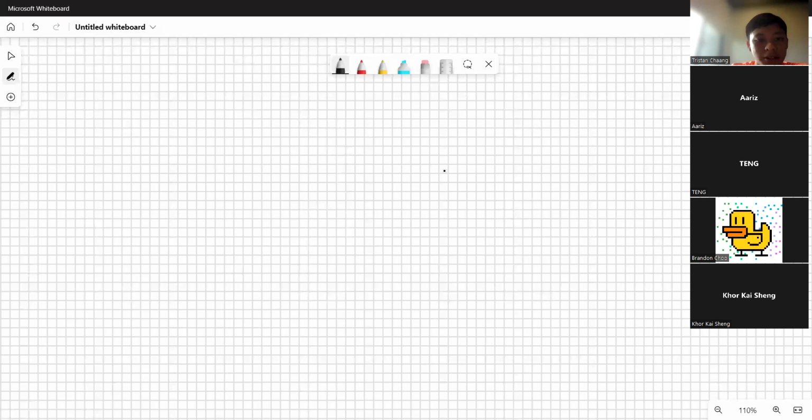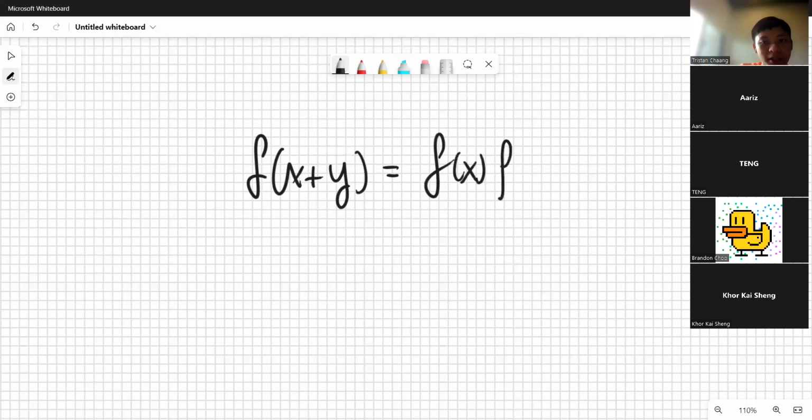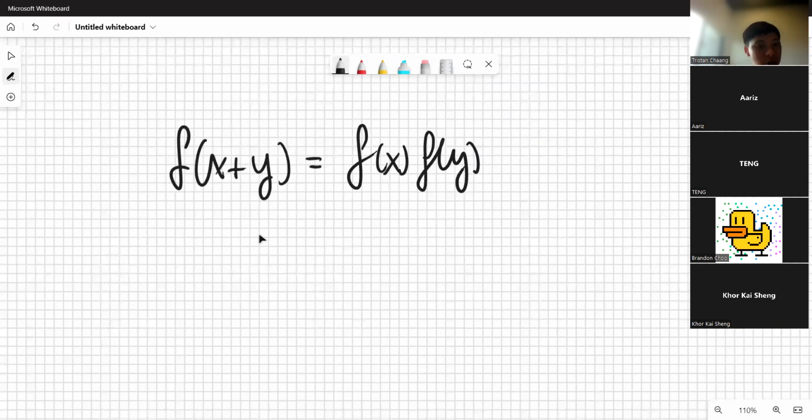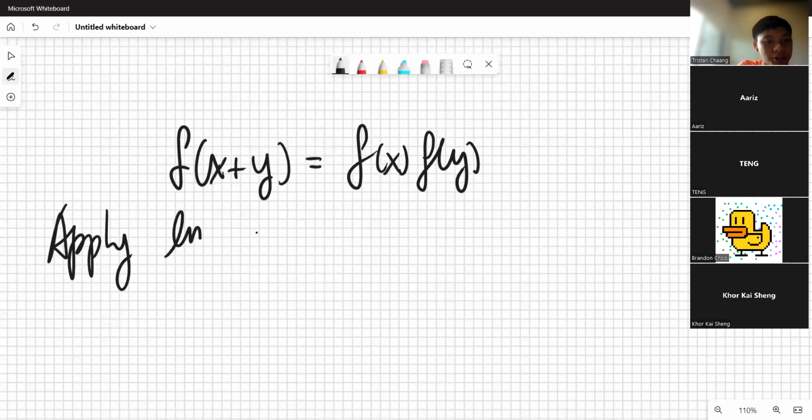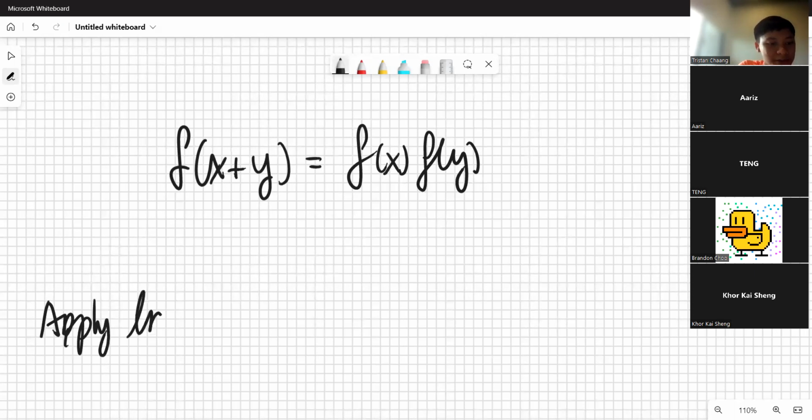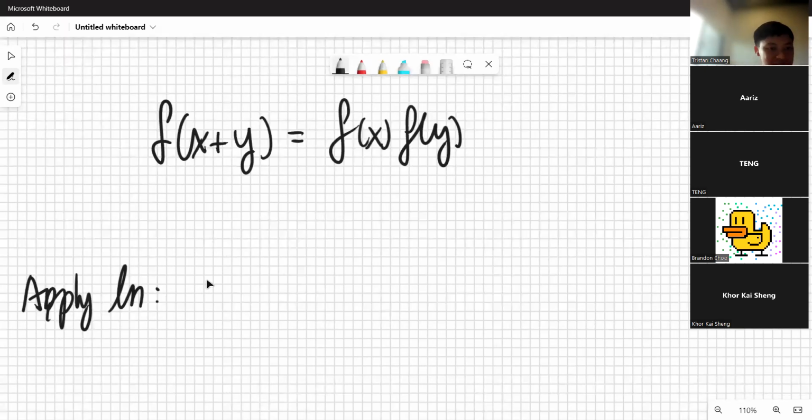Nice. There is another solution for the question just now, which is a much quicker one. I will first transform this to a Cauchy equation. What we can do is apply ln on both sides. I'll write this below here because there are some things we have to check before we can do so. So we apply ln on both sides.